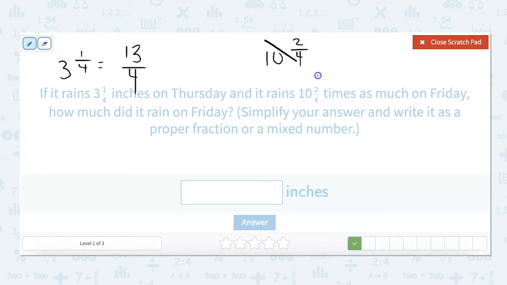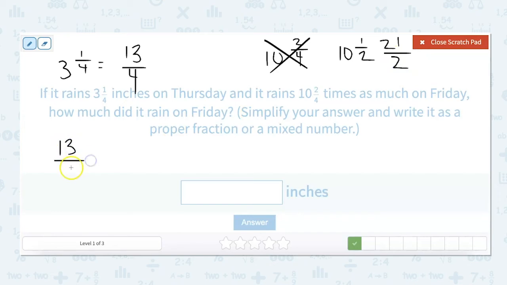So actually, I'm going to take a step away from us and go 10 1/2 because they're equivalent fractions. 10 times 2 is 20, plus 1 is 21. So 21 halves, and then I'm going to multiply across.